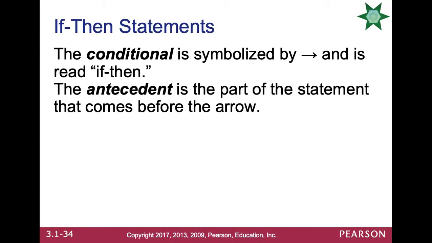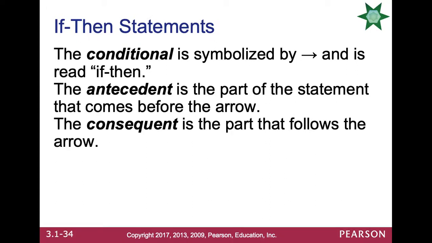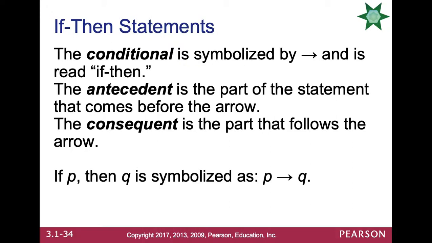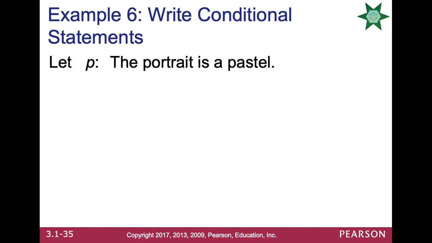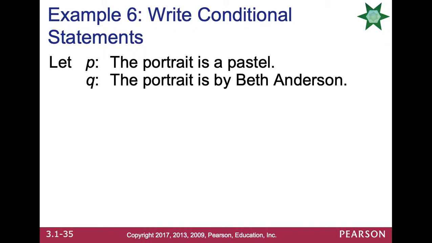If the house is for sale, then we can afford to buy the house would be written as P arrow Q. The antecedent is the part of the statement that comes before the arrow. The consequent is the part that follows the arrow. So if P then Q is symbolized as P arrow Q.